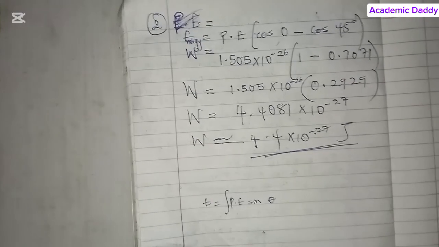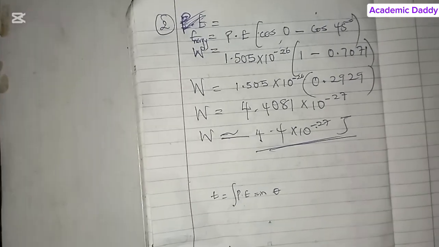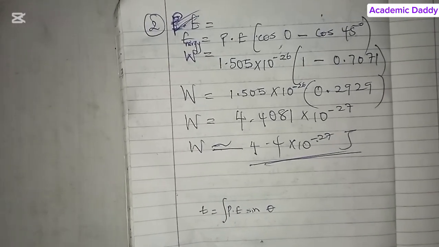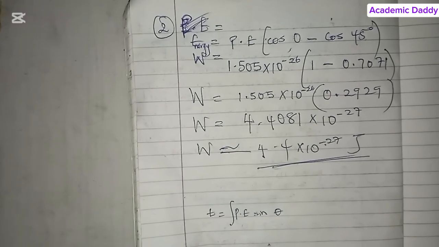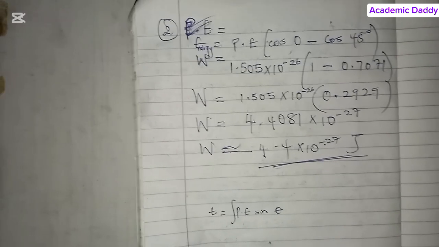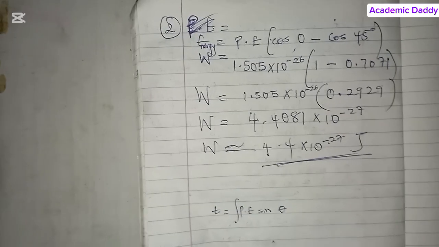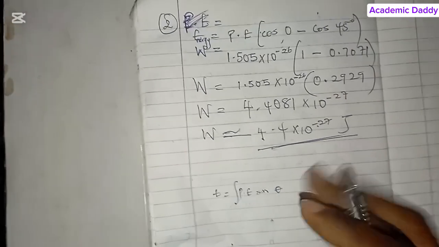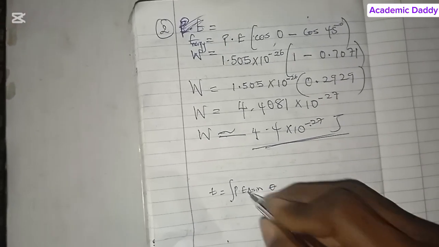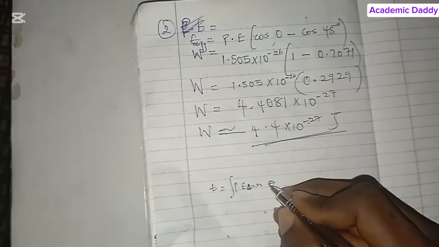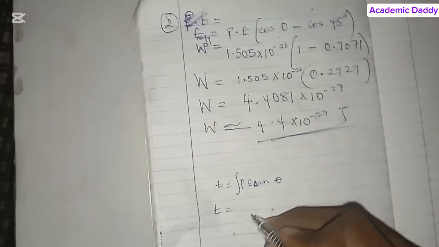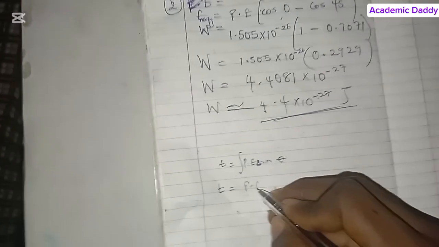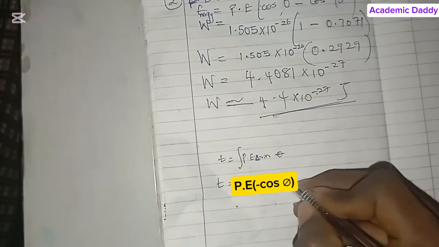So by the time you do that, you do the integral of sine theta, sorry, I said 0 instead of theta. So this is going to give you PE cos theta.